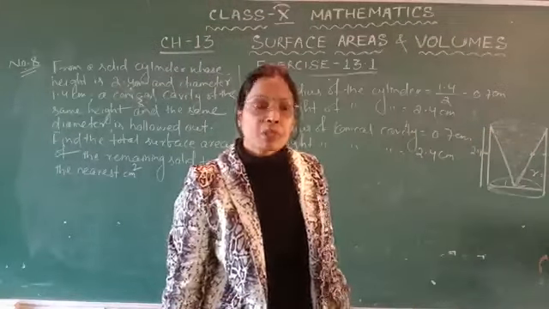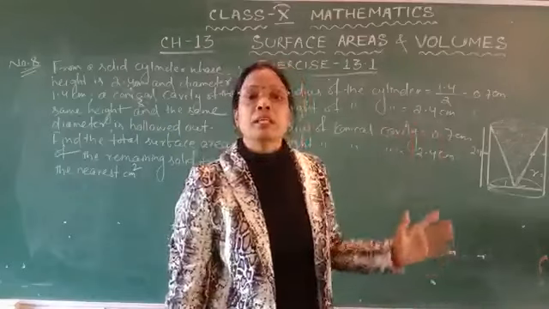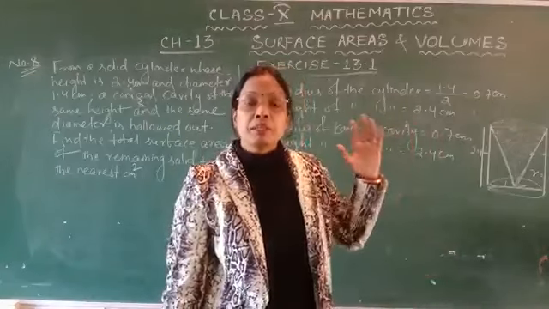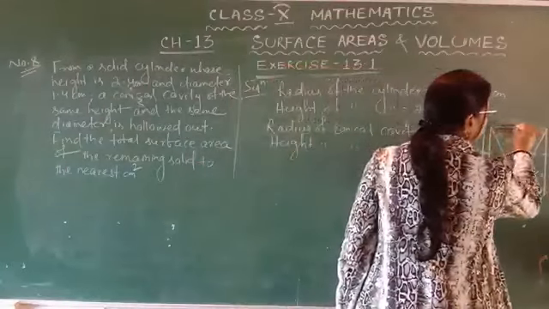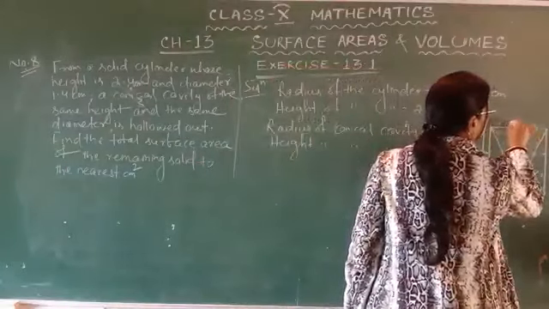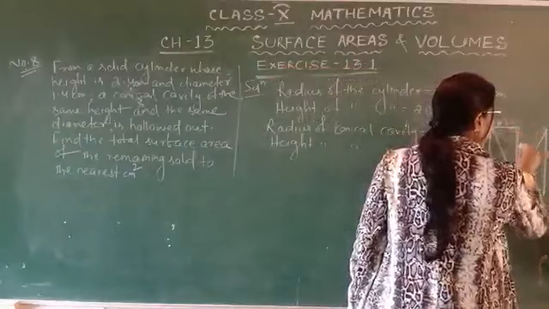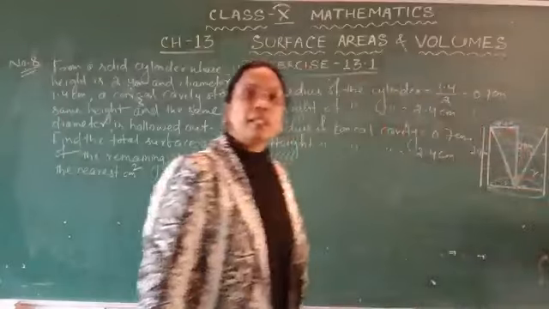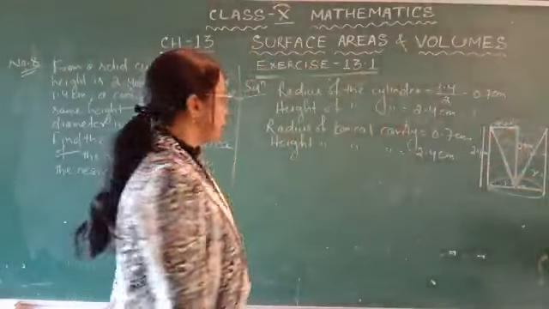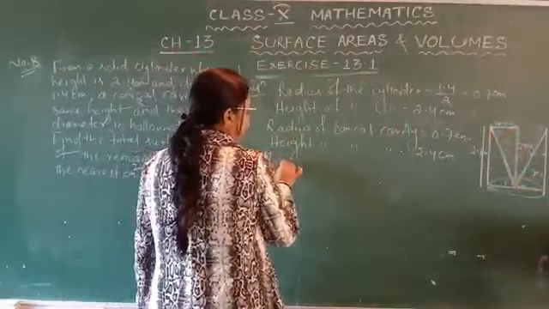So to find the inner curved surface area of the conical part, first we find the slant height. Here the radius is equal to 0.7 centimeter and height is 2.4 centimeter. So first we find the slant height of the conical part.